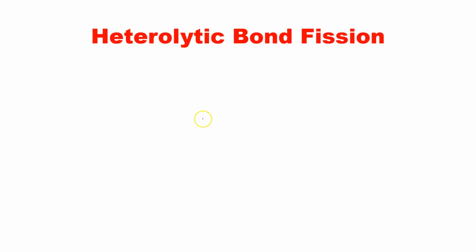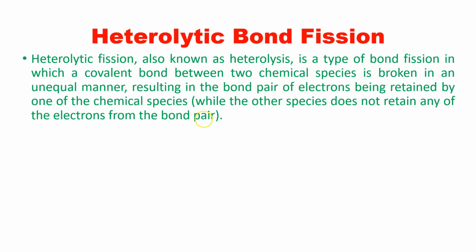Now we will see heterolytic bond fission. Heterolytic bond fission is one in which a covalent bond between two chemical species, or we can say a molecule, is broken in an unequal manner, resulting in the bond pair of electrons being retained by one of the chemical species.